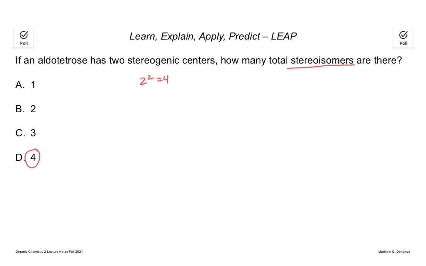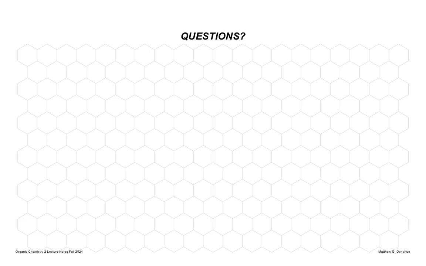And so when we think about stereoisomers, again, there's enantiomers that have opposite R/S designations. And then there's diastereomers where one of those designations will change, at least one of them. So any questions so far?